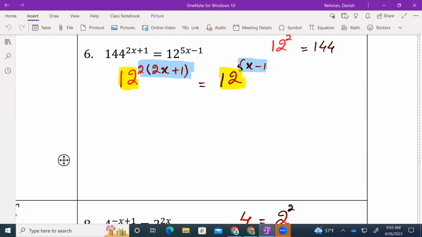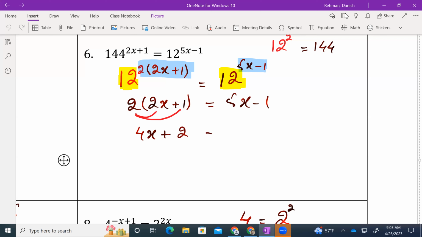If the bases are same, then definitely the exponents are same, and I can then write those exponents in an equation like that, 5x minus 1. Make sense? Now what to do? We will distribute this 2 over these two terms, which will give us 4x plus 2 equals 5x minus 1.